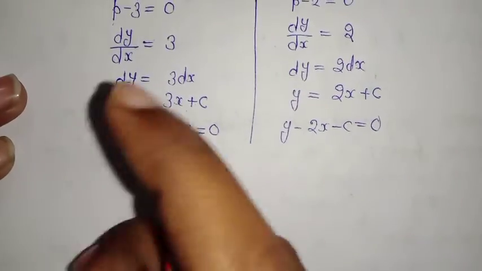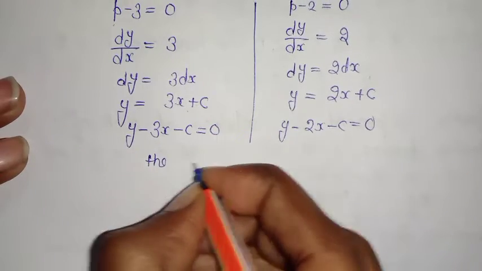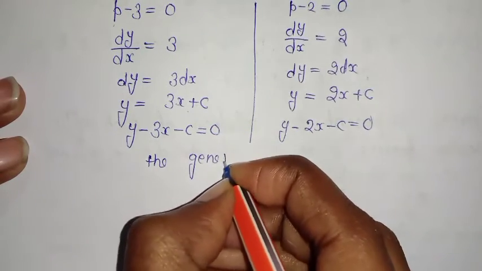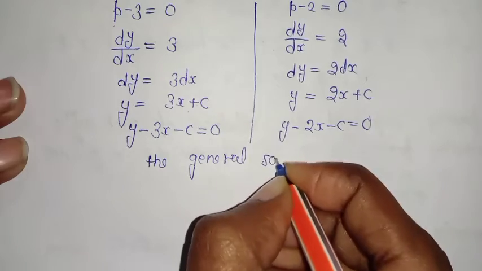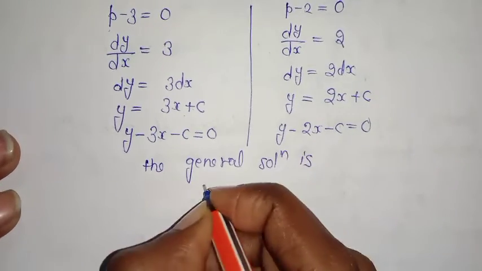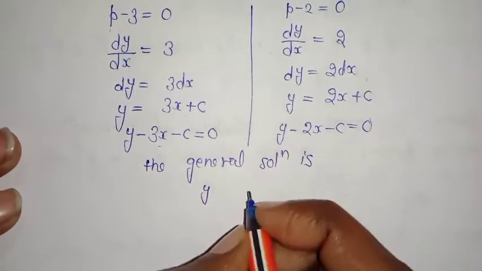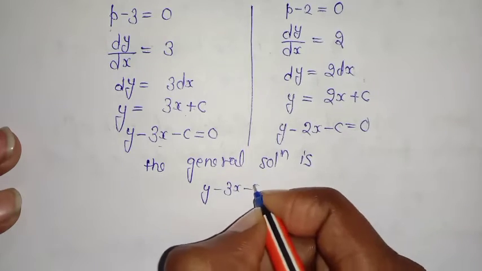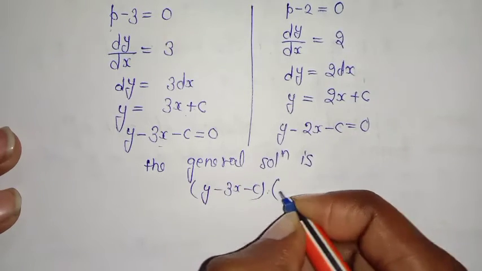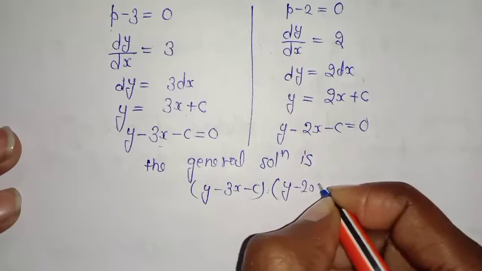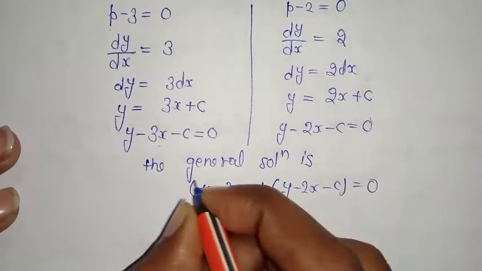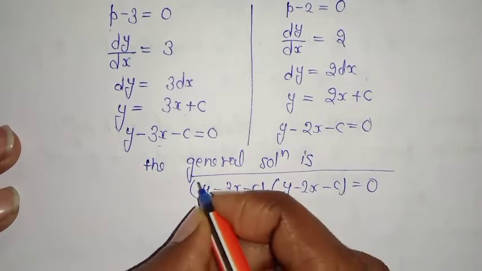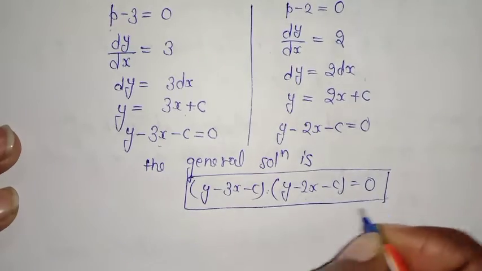So the general solution for this differential equation is the product of these two functions, that is, y minus 3x minus c multiplied by y minus 2x minus c is equal to 0. So this is the solution for such a type of differential equation. I hope you understand.